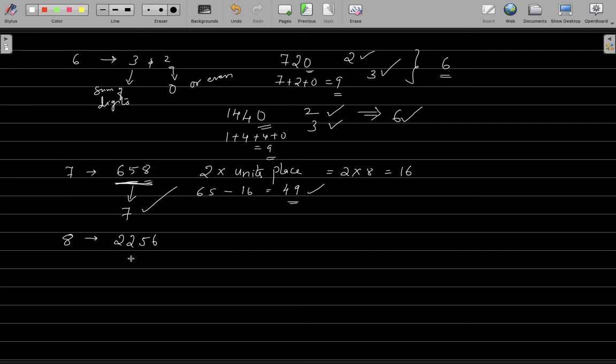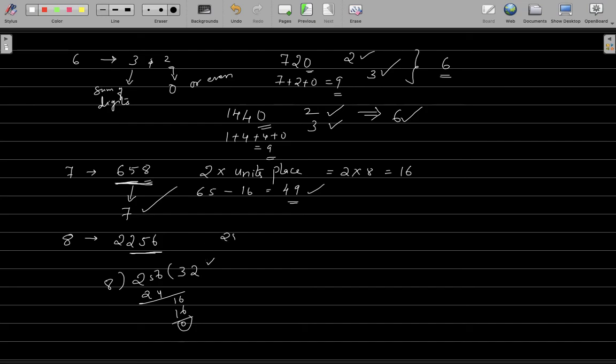Suppose I give you a number like 2256. What are the last 3 digits? 256. Is this number 256 divisible by 8? Yes, you know that, because when you divide 256 by 8, 8 times 3 is 24, this leaves 16, and 8 times 2 is 16. That will leave you with a 0 remainder and a whole number as a quotient.